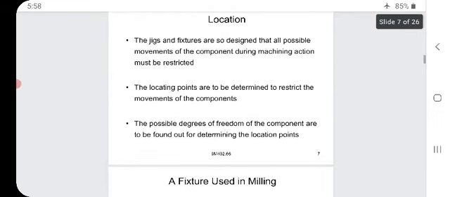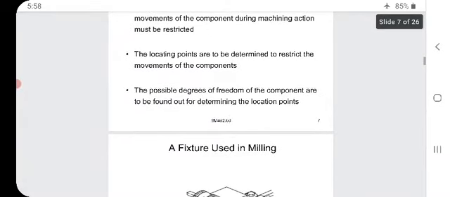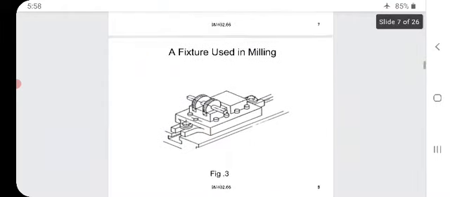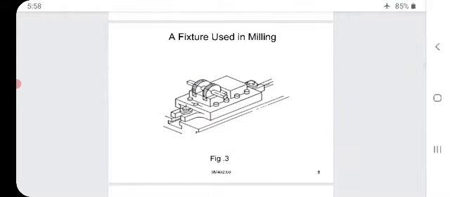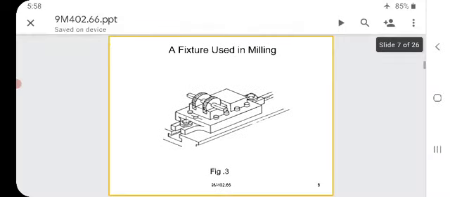The locating parts are to be determined to restrict the movements of the component. The possible degrees of freedom of the component are to be found out for determining the locating parts. See a fixture used for milling: on the table, a fixture is fixed.